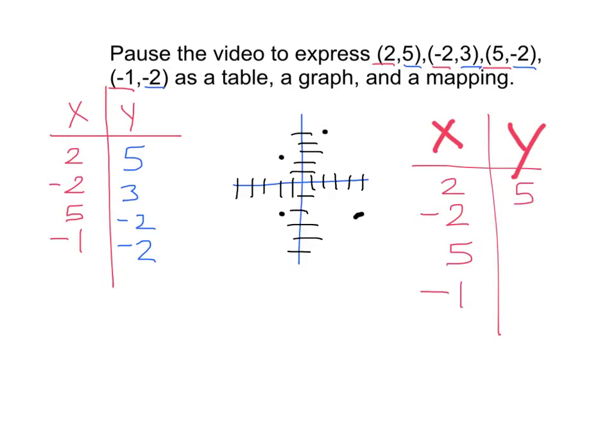The 2 and the 5 are connected to each other. The -2 and the 3 are connected. And now you can see that for 5 and -1, the y value is -2. So we don't have to write that one twice. We can just write it once and make 2 arrows going to the -2.